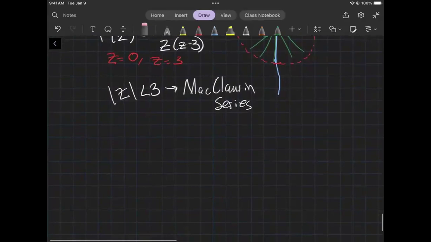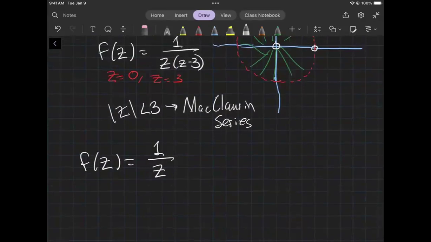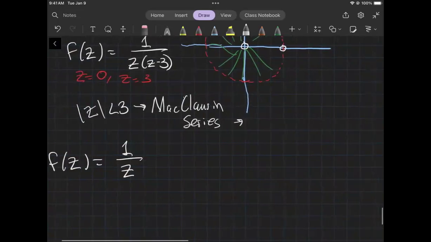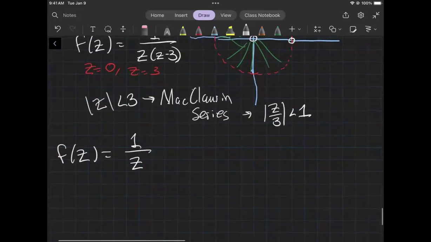Okay. So if I express f of z equals 1 over z times 1 over z minus 3. We want to formulate a Maclaurin series where the absolute value of z is less than 3. In other words, we want to formulate a geometric series where the modulus of z over 3 is less than 1.